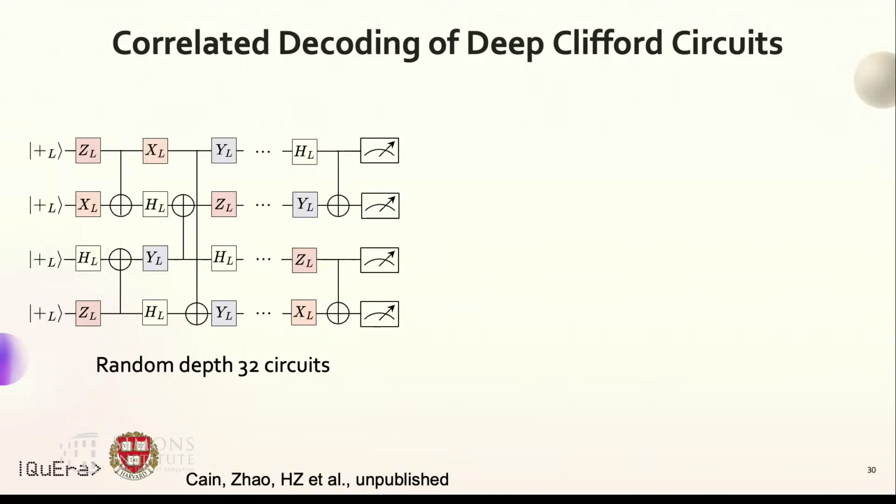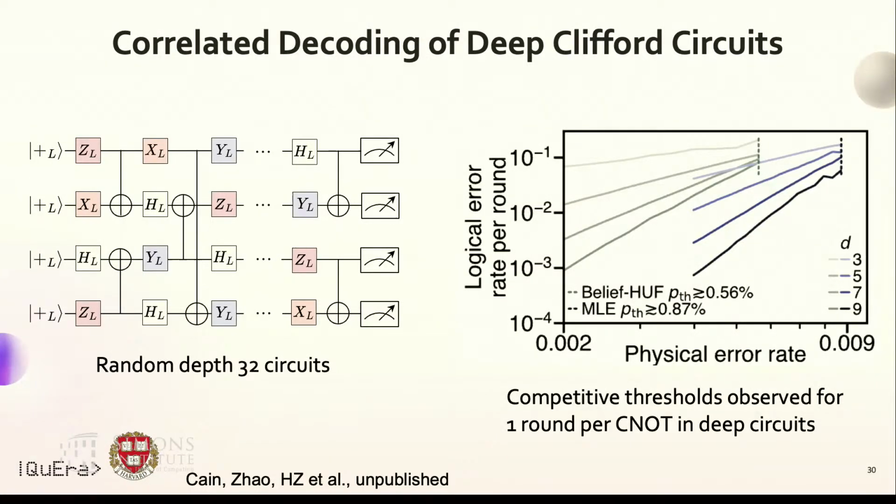So for example, if you do D rounds, then you'll return to the usual setting, but you can also look at, as you reduce that, where does it really start to turn around? And what we see is that you can actually still get pretty competitive thresholds for this, even if you're doing just 1 round per C0.